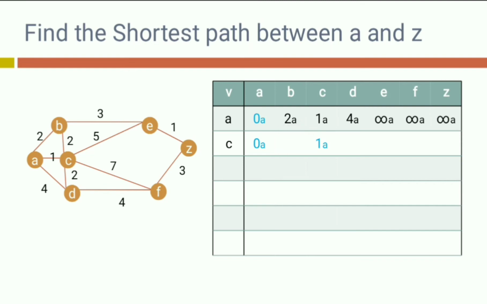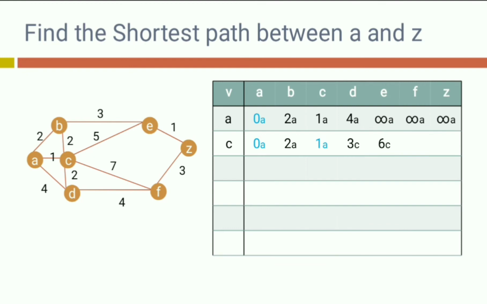Next we'll see D. From C to D it's 2, and 2 plus 1 is 3. 3 is less than 4, so we can write 3 here, and the subscript will be C because it's coming from C. Then E: the distance of E from C is 5, so 5 plus 1 is 6, again an improvement, so we'll write 6C here.